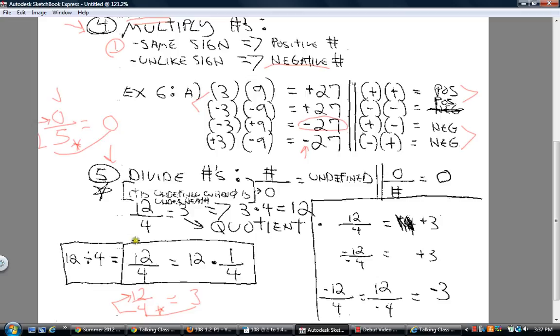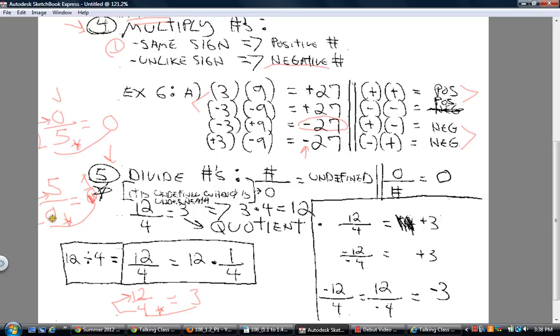Now, what happens when the 0 is under the line? Let's take any number. I could take 5 and divide it by 0. And you're not sure, you forget. What if you put a 0 here? What's 0 times 0? 0. Does it equal the numerator? Nope. Therefore you can't do it. What if you put a 1 here? 1 times 0.